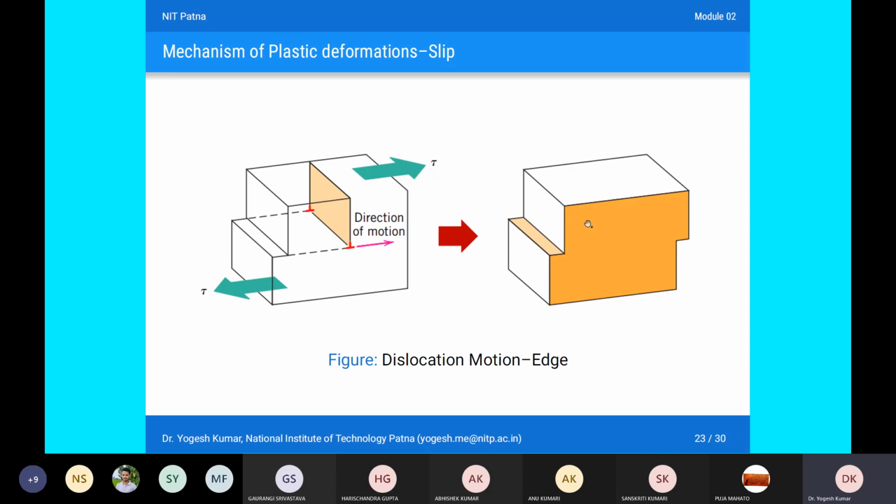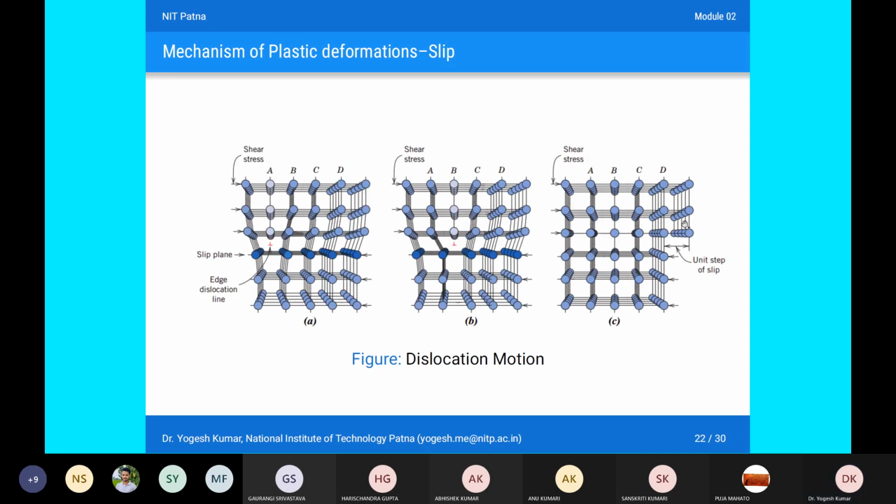Here you can see, we require a certain critical value of shear stress for the movement of the extra half plane from one end to another end. These are now perfect planes, and they will not distort automatically or take their original position.